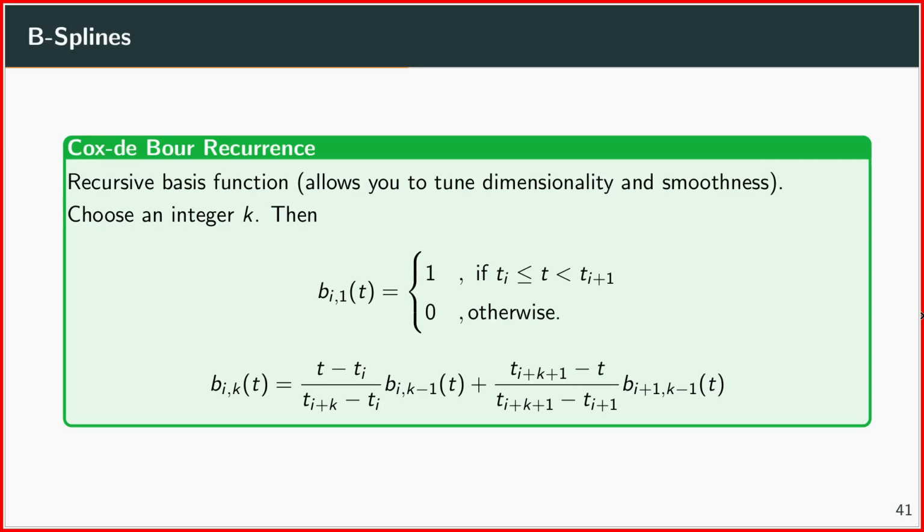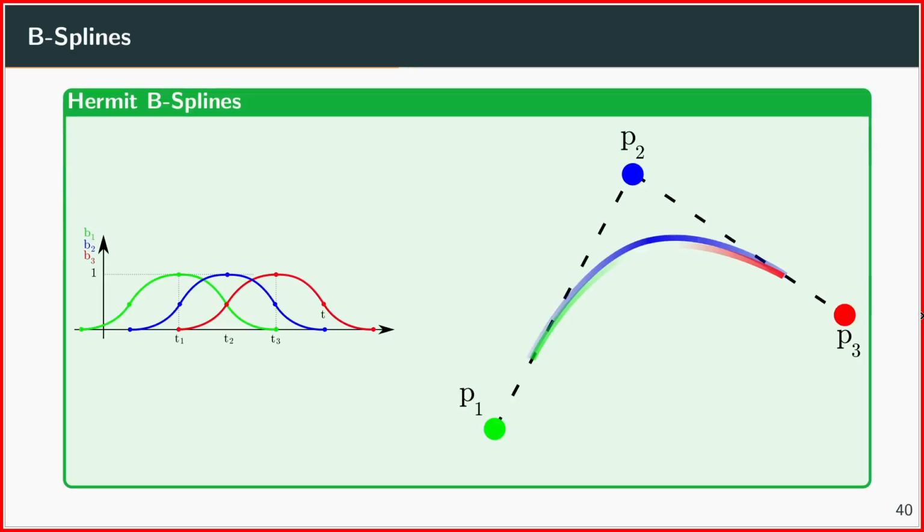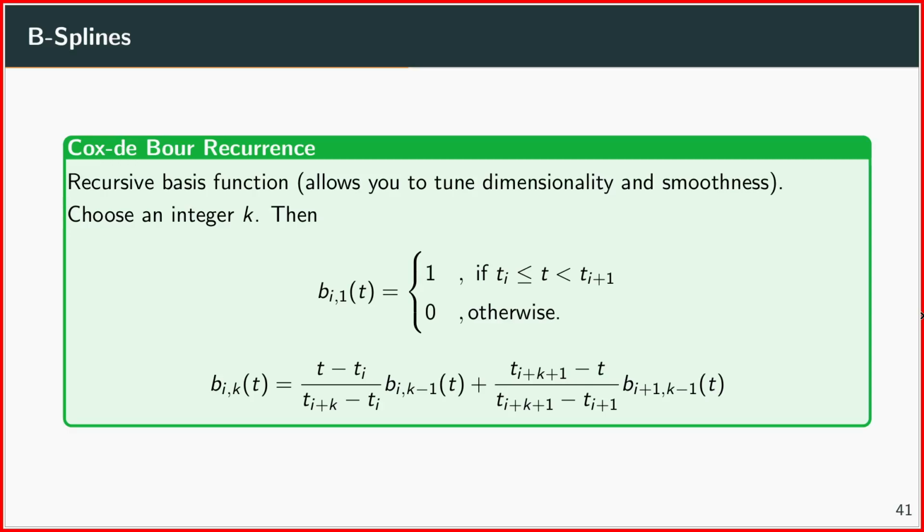Okay, and something which is a bit tricky here is, of course, that sometimes you want to have a very specific differentiability of your splines, but it's usually a bit complicated. For example, if you want to have something which is C4 or C5, how do we actually do that? There's a very nice method to do that, which is called the Cox-de Boer recurrence.